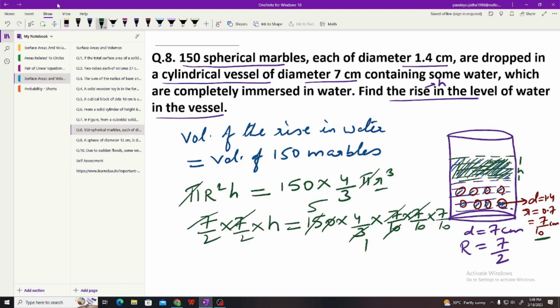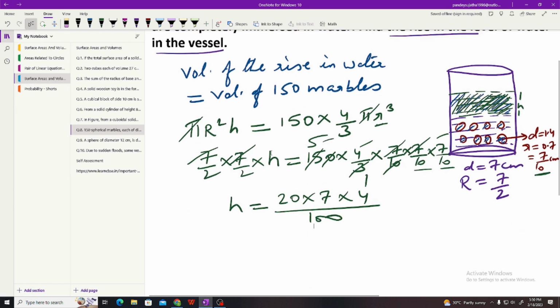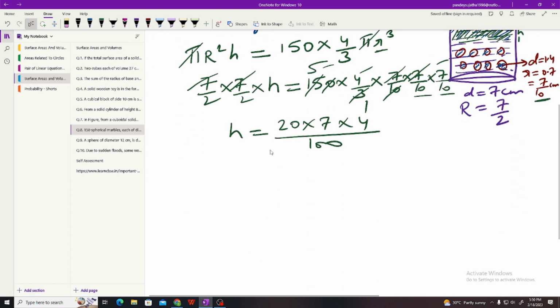Now write the values here. H will be equal to 5 into 4 into 7. So it is 20 into 7 into 4 upon 100. So cancel this 0.